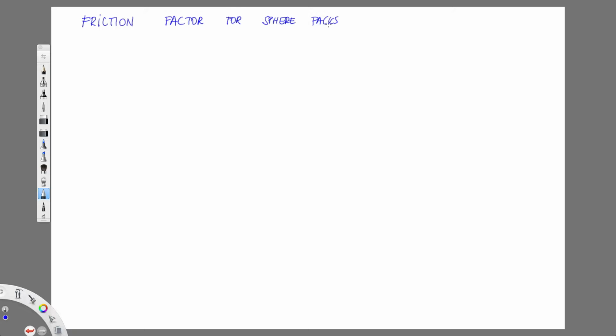Basically, I am trying to define what would be a good friction factor. And conceptually, if I have flow around spheres, I know I have some tortuous paths through this sphere pack, right?